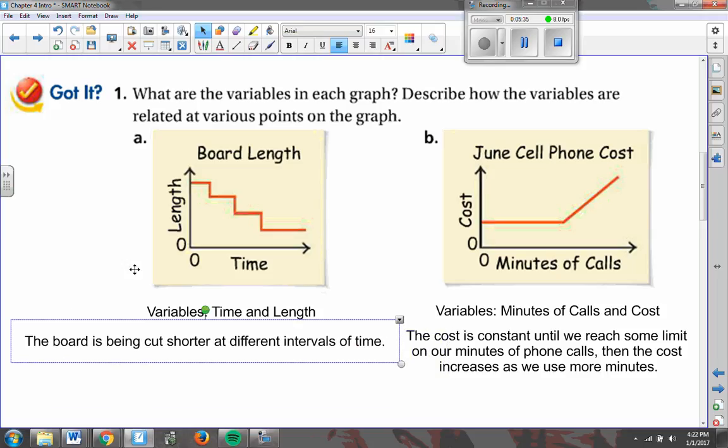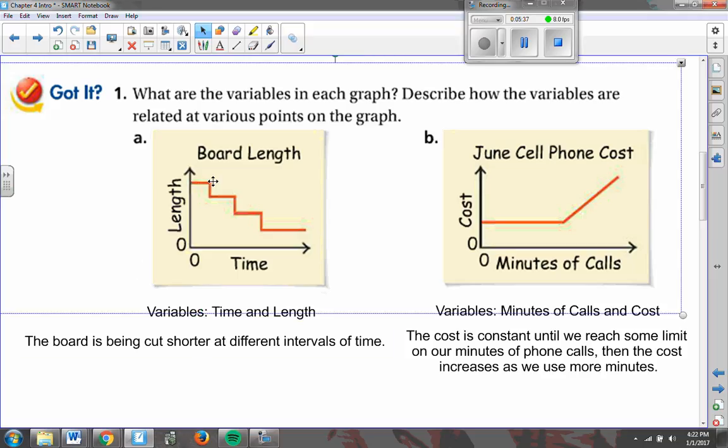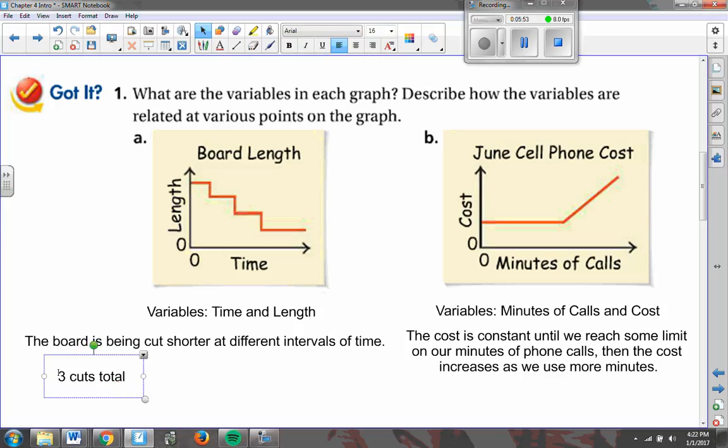Because as we can see, time starts out with the board length being here, and then right here, boom, it drops down, the length drops. It was cut right there. And then we reset, a little more time goes by, and boom, we cut it again. A little more time goes by, boom, we cut it again. We did 3 cuts. 3 cuts total are made in this board.